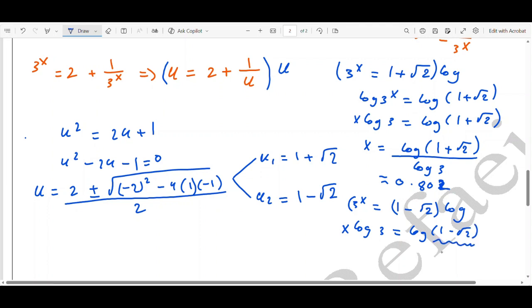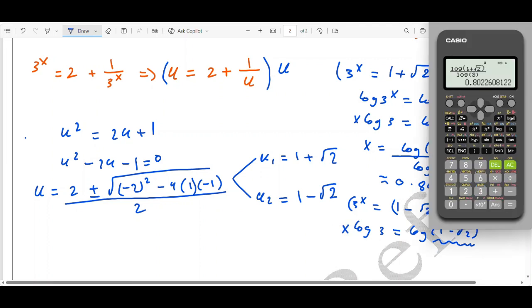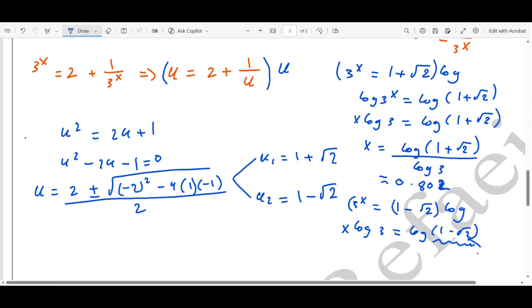If going back to the calculator, it will be a negative value, and according to that, I will have a math error. Why? Because this is a negative value, and we said log should not hold a negative value. According to that, x is a math error. So I don't have another answer. I will have one answer only, which is 0.802.